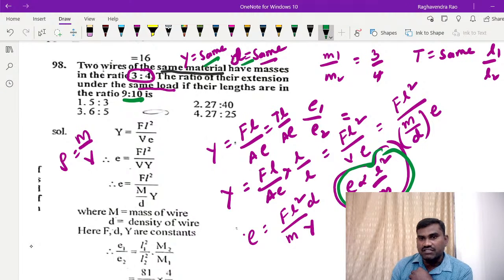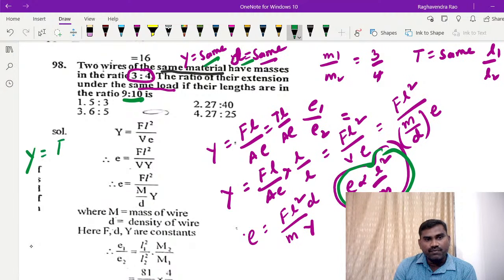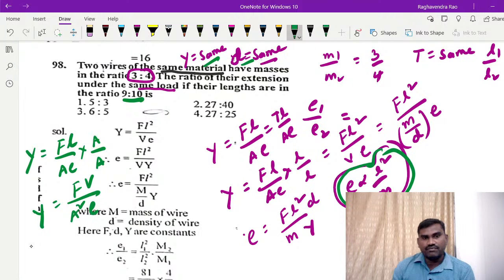That is the reason for FL square by A, because another expression is also there in terms of volume. So Y is equal to FL by AE, multiply with A and divide by A. Now this will be FV by A square into E, and in the place of volume we can write mass by density.